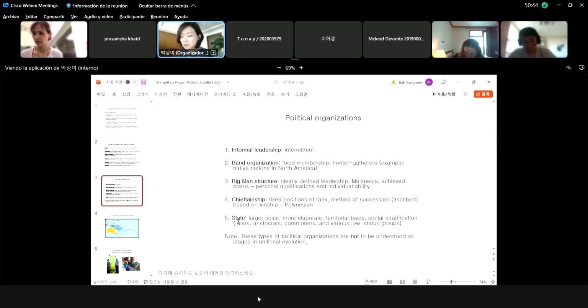So that's ascribed. Ascribed is the opposite concept of achieved. So it's an ascribed status based on kinship. And you often find cases of chieftainship in Polynesia. We will have a map on the next page of our slide.